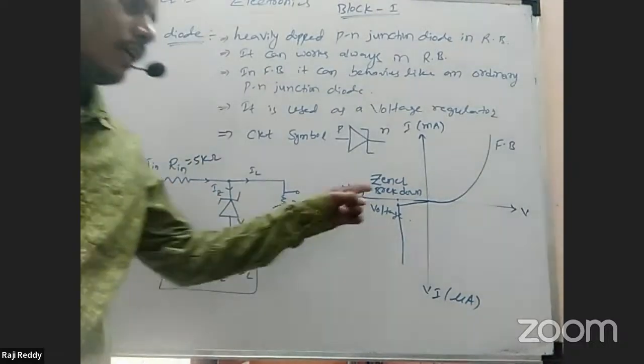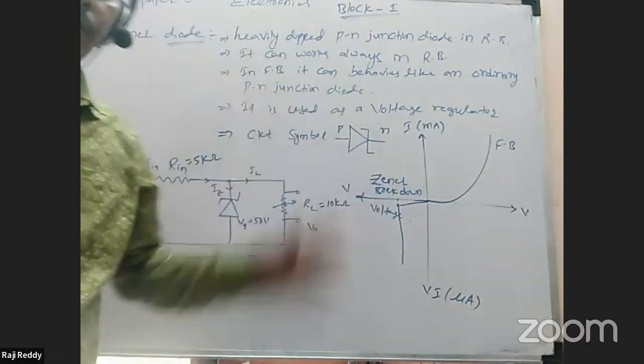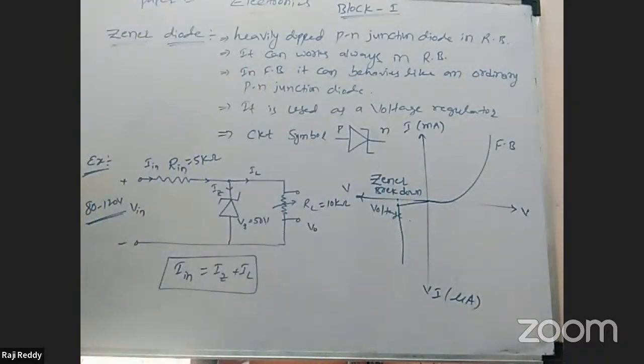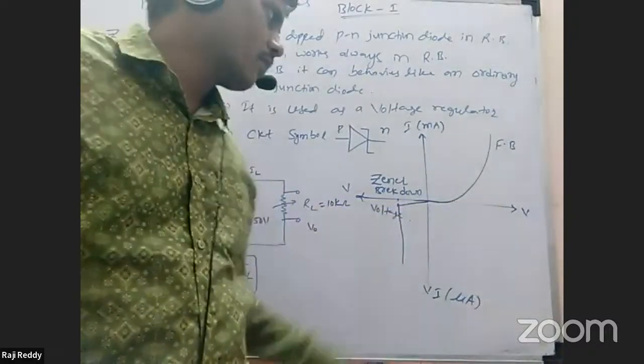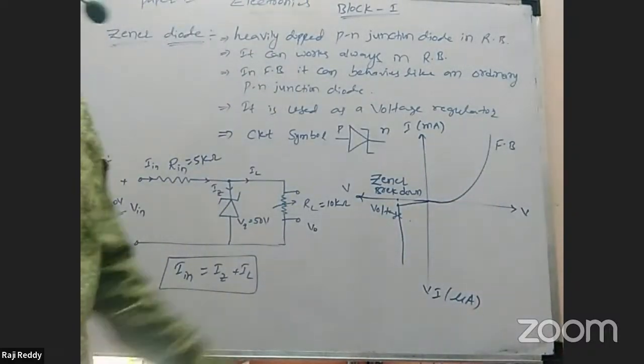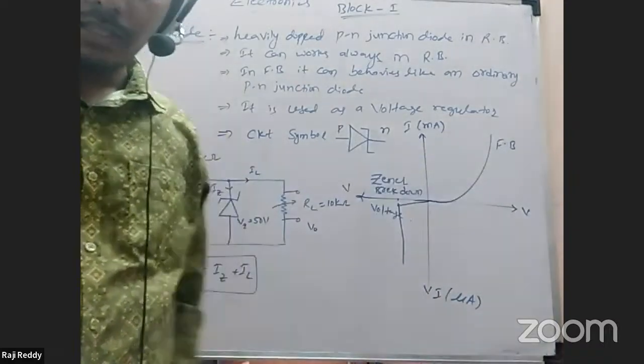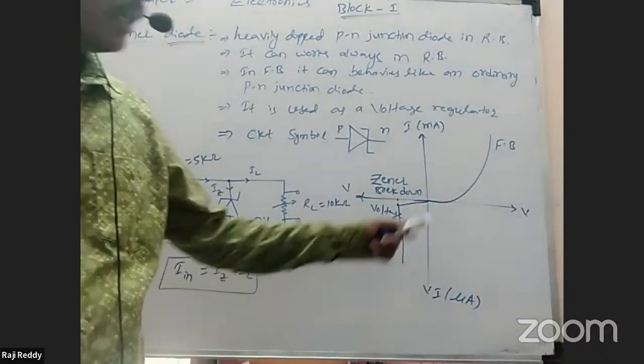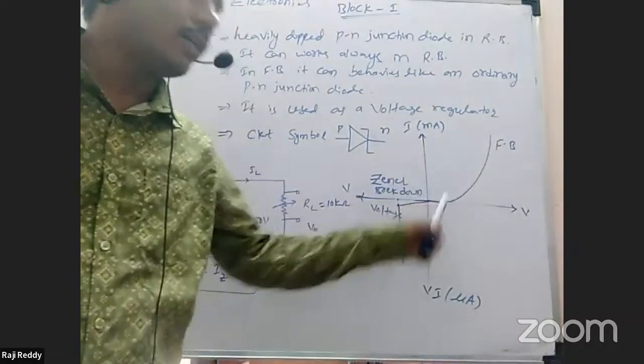After that, the IV characteristics of the Zener diode. Voltage is on the x-axis, current on the y-axis. In forward bias, it behaves like a PN junction diode, so the curve is the same as a PN junction diode curve.